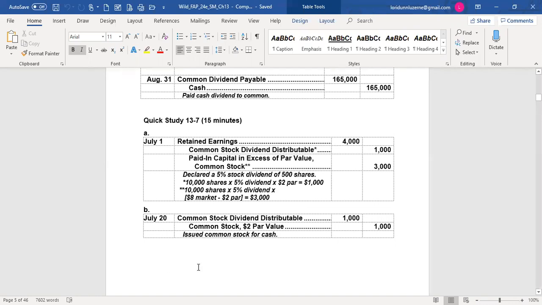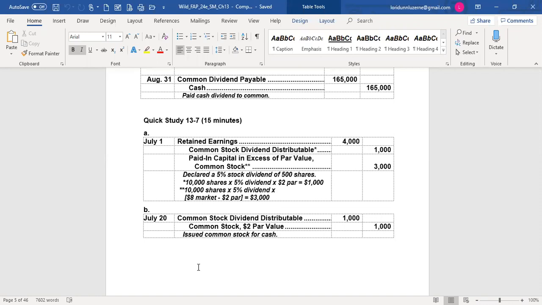Remember, this is when the company is sending out more shares of stock as a dividend instead of cash. So when you're sending out stock, you need to determine the value assigned to that stock for purposes of recording this dividend. In a small stock dividend, less than or equal to 25%, we use market value to determine the value of the dividend.